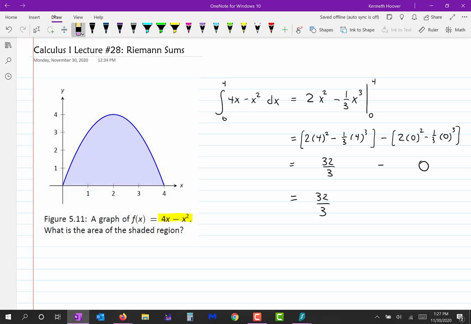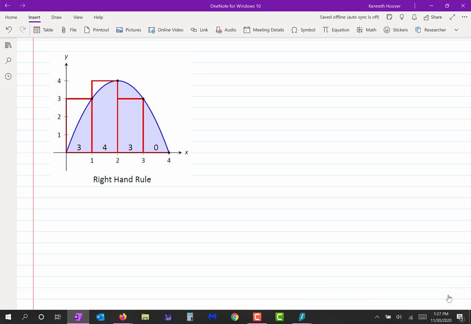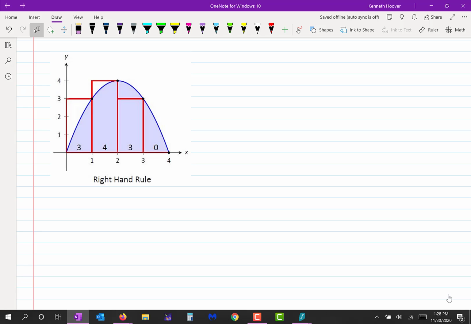Okay, so here's what we do. We take the x-axis and we divide it up into intervals. Okay, and so in this picture that you're seeing right there, we have divided it into 4 intervals. One right there, one right there, one right there, and one right there.